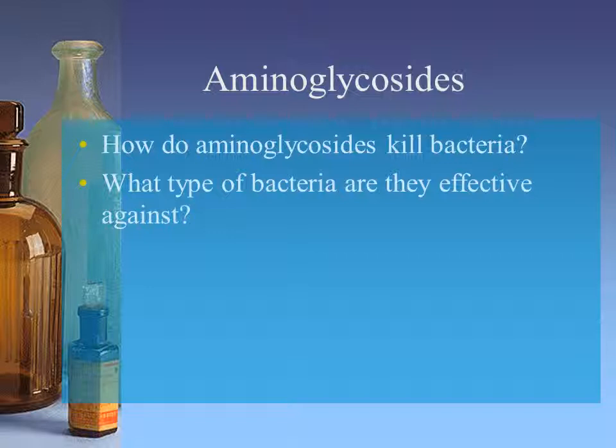Orally, they do not absorb well through the GI tract. They tend to stay intact passing through the GI tract. So they stay in the GI tract in essence, and they don't absorb very well into the bloodstream when taken orally. Now, this is an advantage if we have someone who is going for bowel surgery, because the antibiotic is good at affecting the bacteria that are actually living inside the intestines.